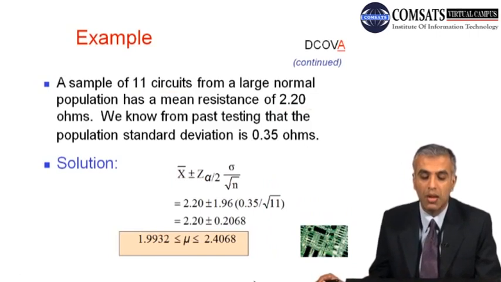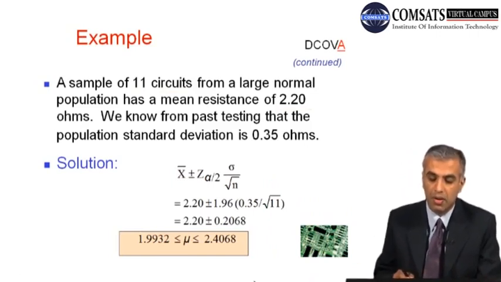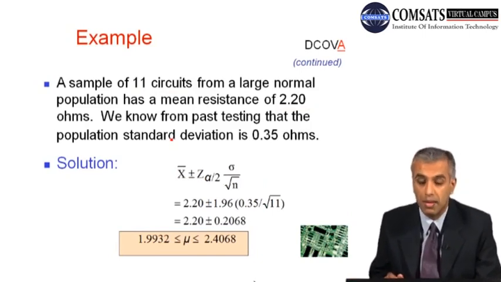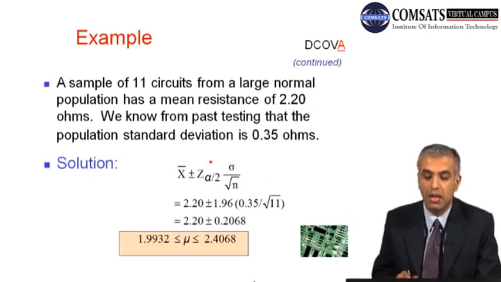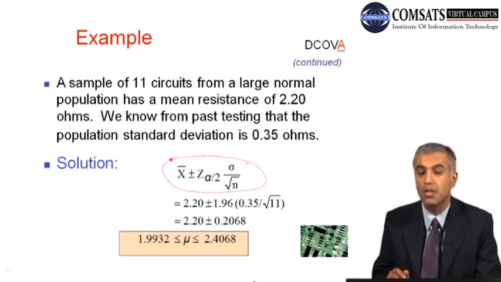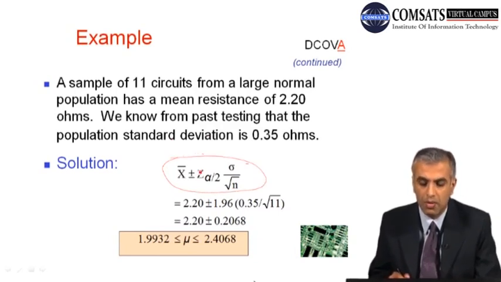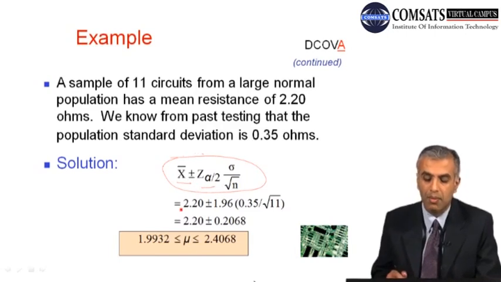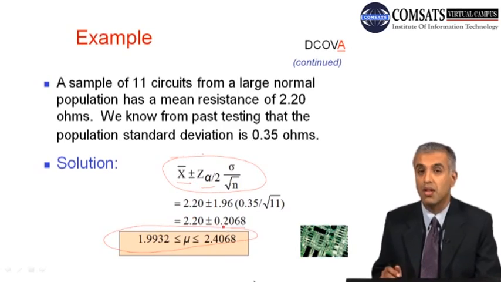Going through the example, we already know that if our standard deviation is known, then we use this formula, as we discussed before. We know the mean and also the critical value of z, so all we have to do is put in the values, and based on that we can easily find our confidence interval.